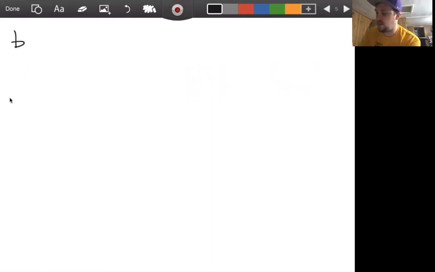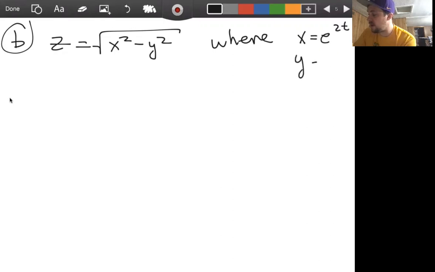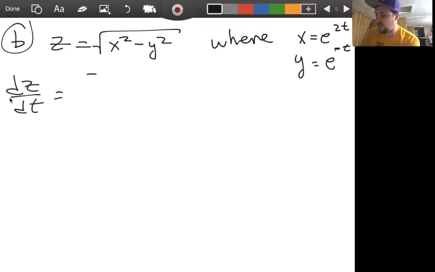So let's let example B, we have z equals root x squared minus y squared, where x equals e to the 2t and y equals e to the negative t. All right, and so we want to find dz dt.